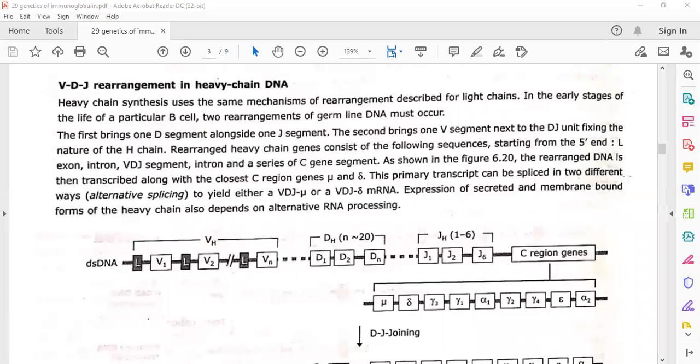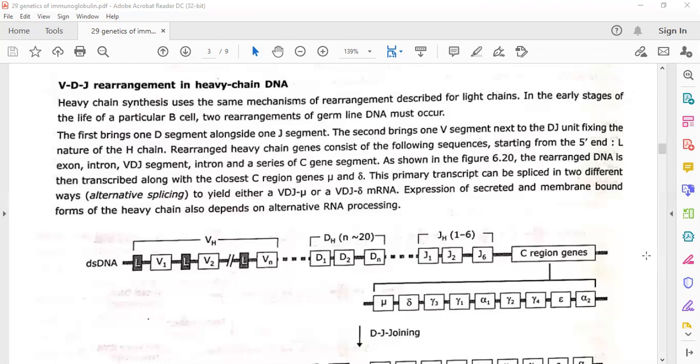The recombination in the heavy chain is known as the VDJ rearrangement. Heavy chain synthesis uses the same mechanism that was used for the light chain. In the early stage of the particular B cell, two rearrangements of the germline DNA will occur. The first is the D segment alongside one J segment. The second brings the V segment next to the D unit, fixing the nature of the H chain.